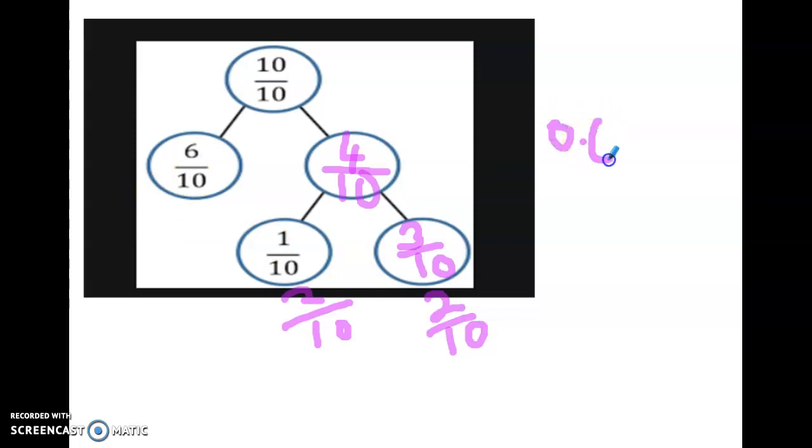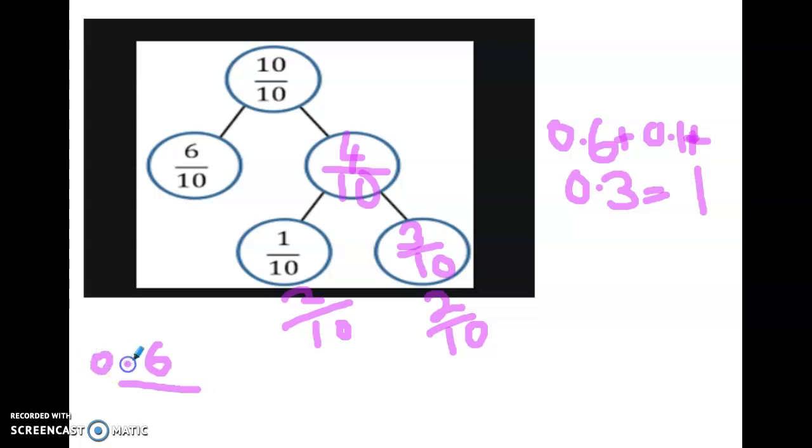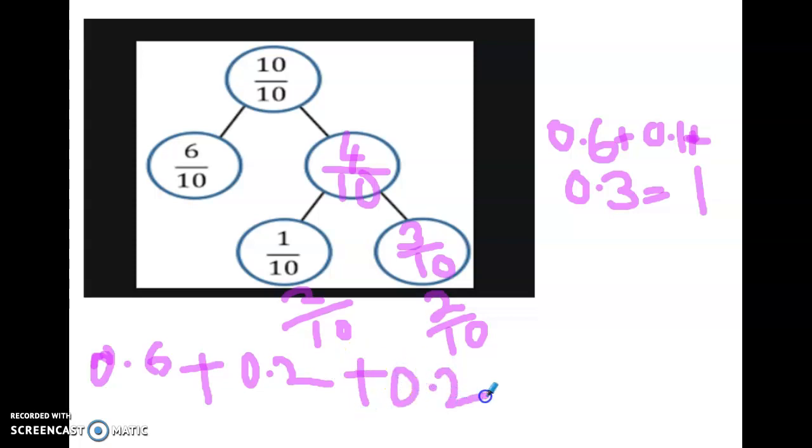If we try it like this, 0.6 plus 0.1 plus this makes one whole, or you can write this is one whole. So you can make it in different ways.